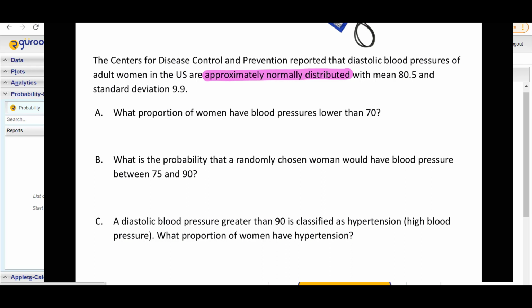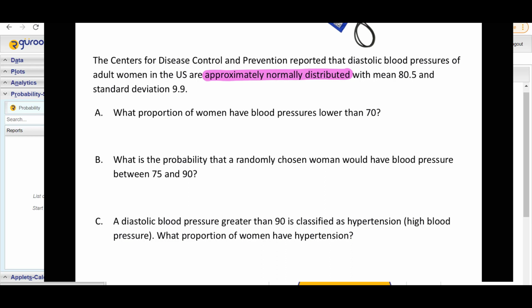So again, the area under the curve gives us two things. It gives us the probability, if randomly chosen, that it falls between the 2 points that you're finding the area for, and it also finds the proportion of the population that's between the 2 points. So to find proportion, to find probability, we're going to find the area.